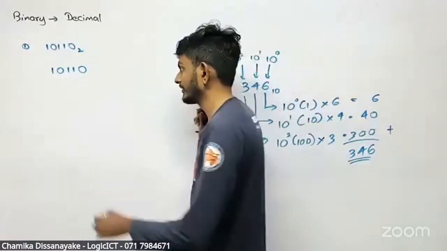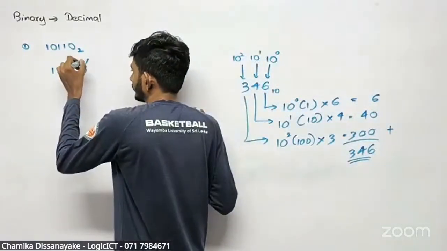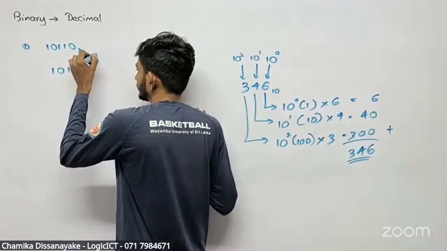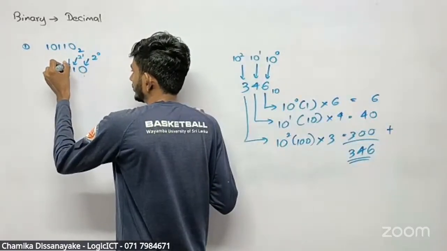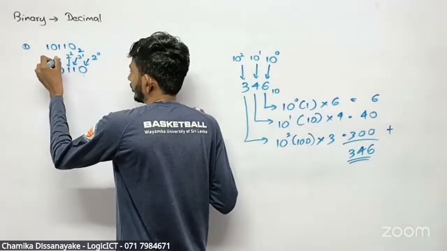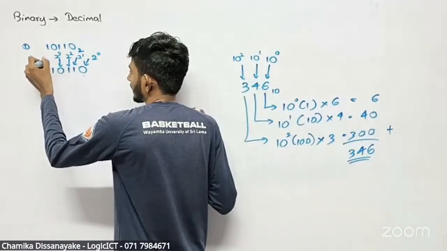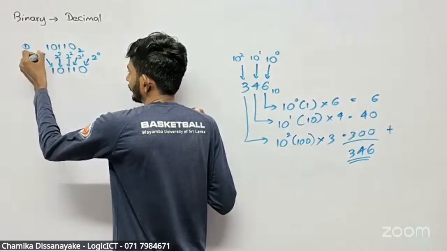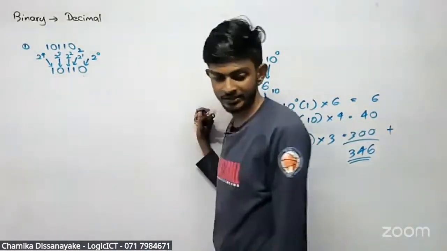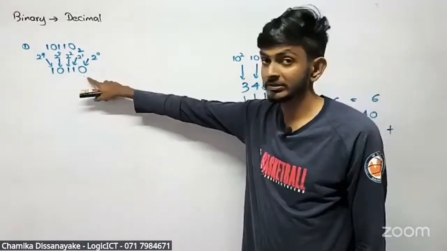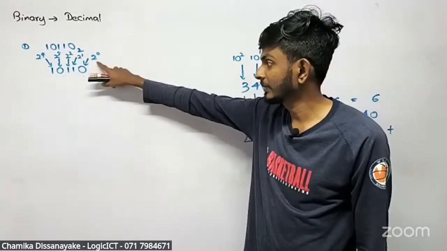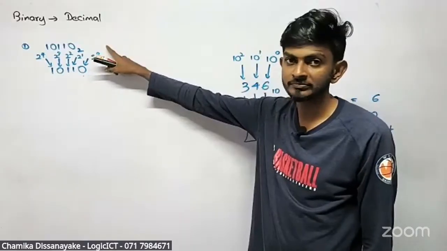What will be the weighting factor? For this one, 2 to the power 0. For this one, 2 to the power 1. For this one, 2 to the power 2, then 2 to the power 3, and 2 to the power 4. Is this okay? This is a binary number, so the weighting factor will come up with 2 to the power.